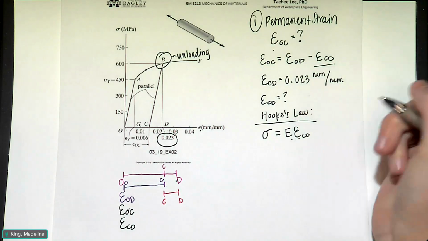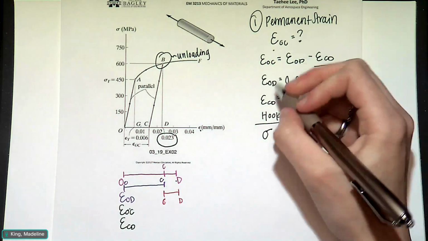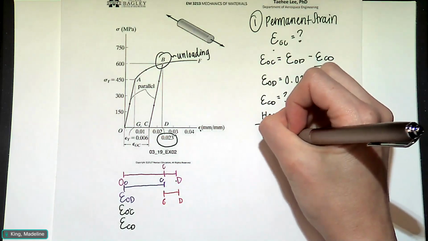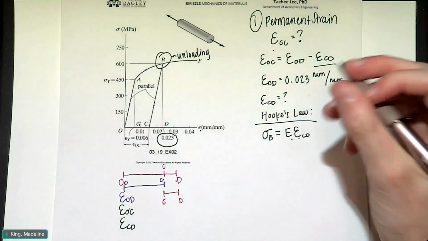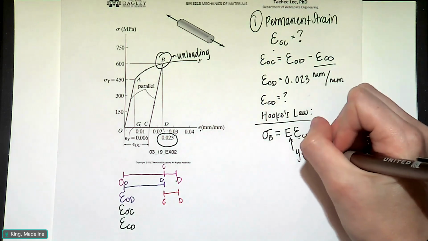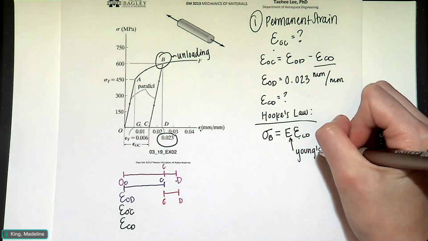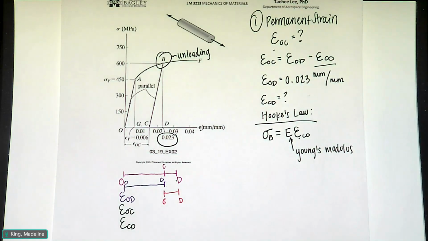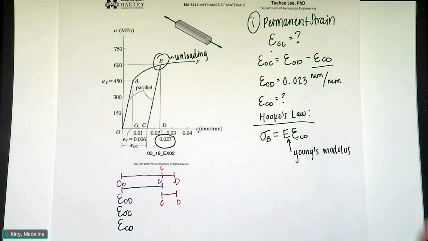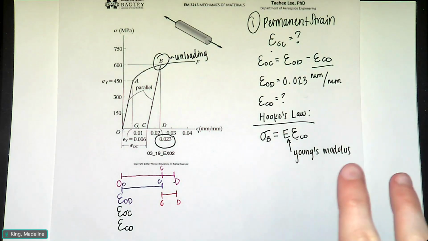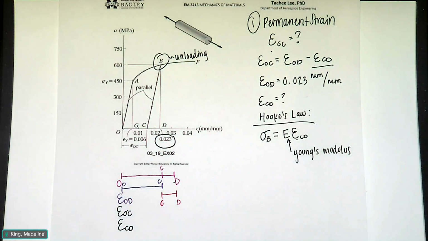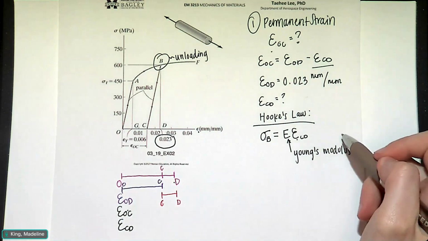So this is epsilon CD, and then sigma will correlate to point B. But we don't know what Young's modulus is. And Young's modulus is just the characteristic of the material. Young's modulus will never change in your problem statement. It will always stay the same, okay? So we need to find Young's modulus.